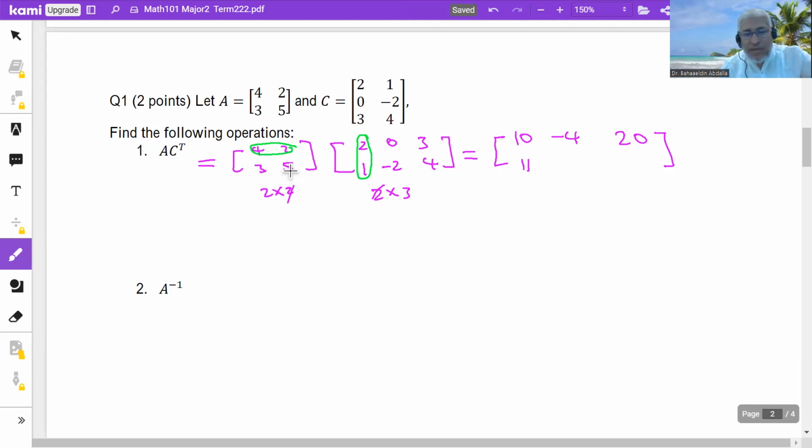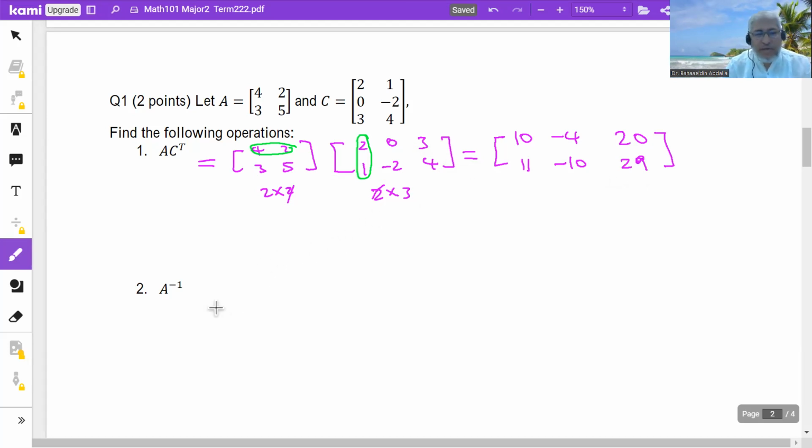Now the second row by the second column. 3 times 0 is 0. 5 times -2 is -10. The second row by the third column. 3 times 3 is 9. 4 times 5 is 20. 20 plus 9 is 29. So this is the product matrix.